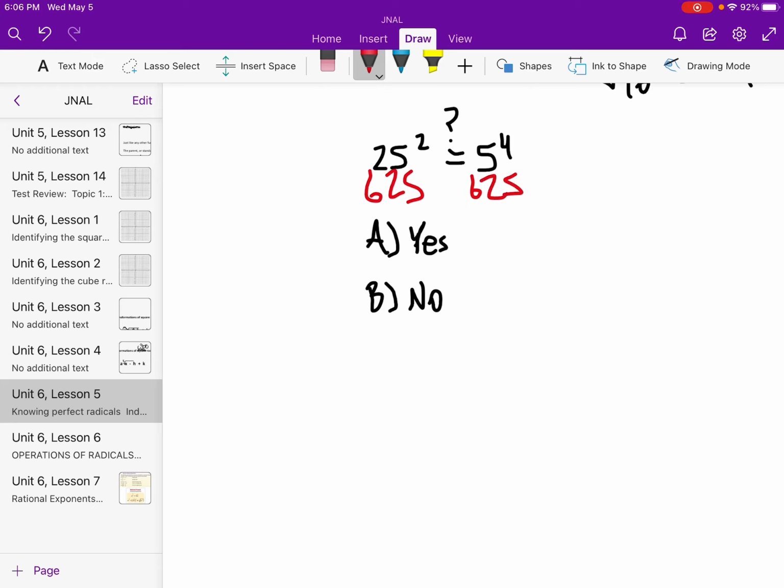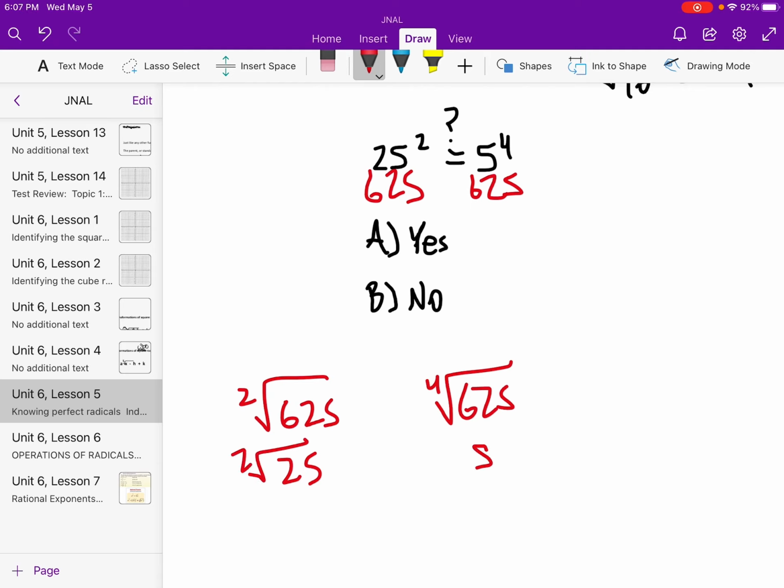So yes, they do equal each other, and it makes sense because it's the same thing as the other one. When you take the square root of 625, you get 25. You take that, you get 5. But you can take another square root of that. So then we're doing 2 and 2. That makes 4. And that's what's there. So that's what I'm trying to say with that.